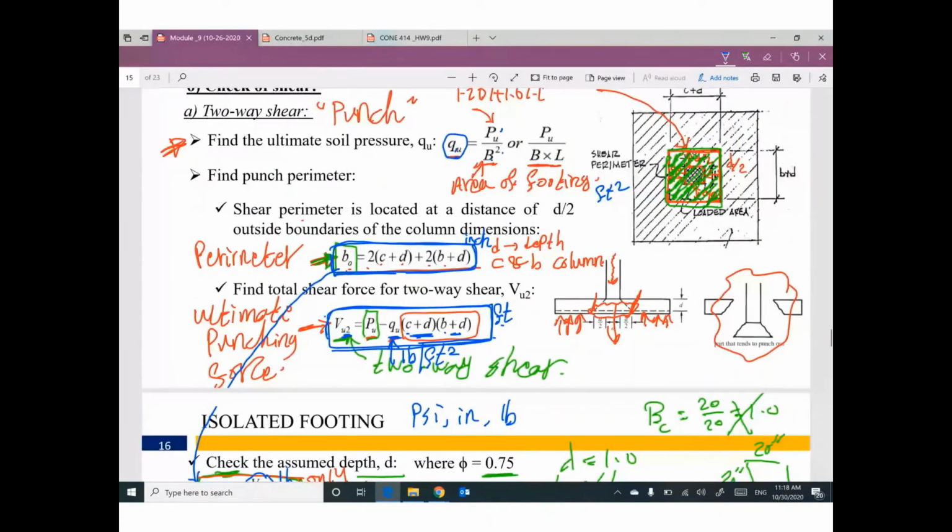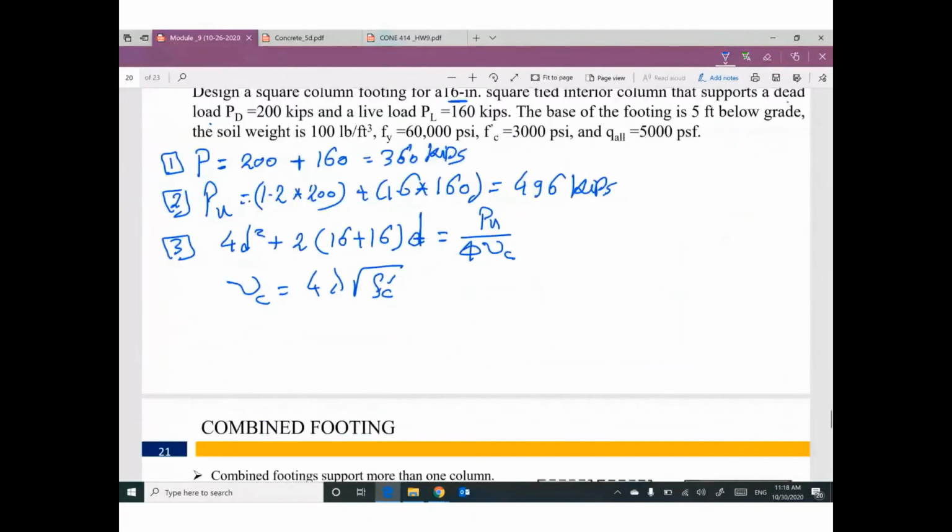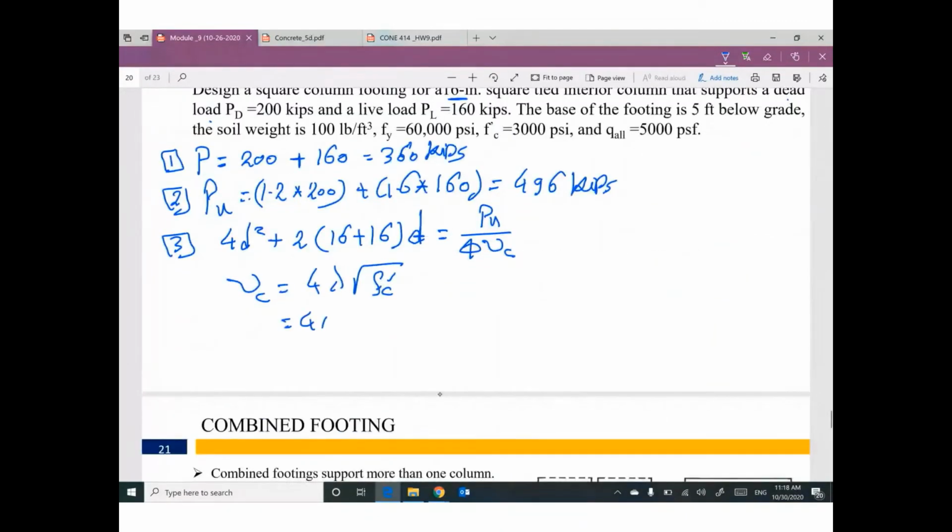Let's do this expression: 4 times 1 times square root of f prime c, 3000. This expression will be 219.1.